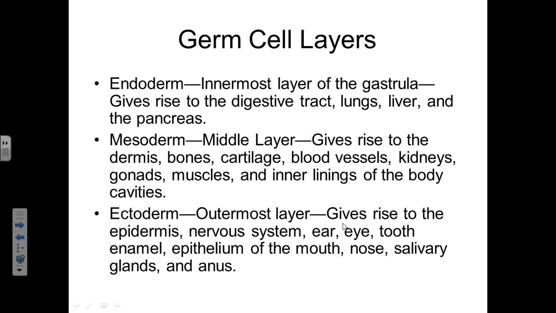So it would make sense that the endoderm would make parts of you that are very deep within your body, like internal parts. So the endoderm makes your digestive system. That's where your digestive system comes from. The endoderm forms most of your lungs, your liver, and also the pancreas. Parts of your body that are very internal, mostly.